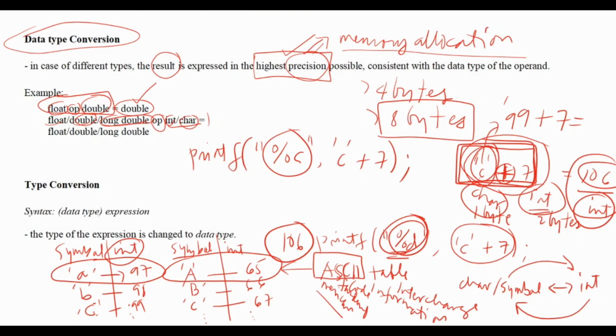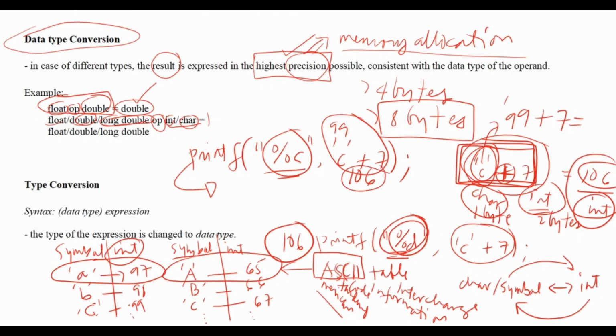It should be a symbol, right? Not an integer value. Since c is 99, 99 plus 7 is 106. But you say here to display the character symbol. So the output would not be 106, but the symbol having an equivalent integer value of 106 in the ASCII table.